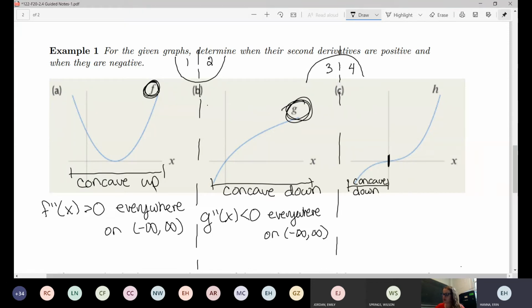But it doesn't continue in that direction. It starts curving a different direction eventually, so we know that it must have changed. Now if we look at the second half of it, which of these concavity choices does that most closely resemble? That one's going to be this concave up number 2 piece. So this is going to be concave up.